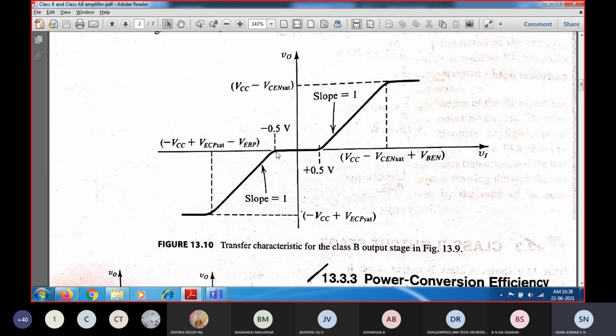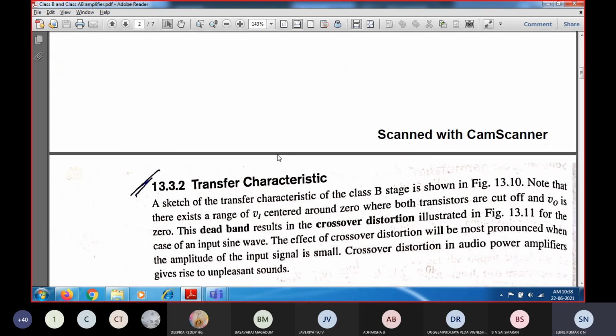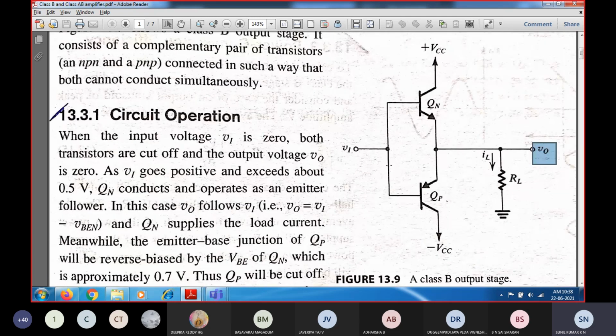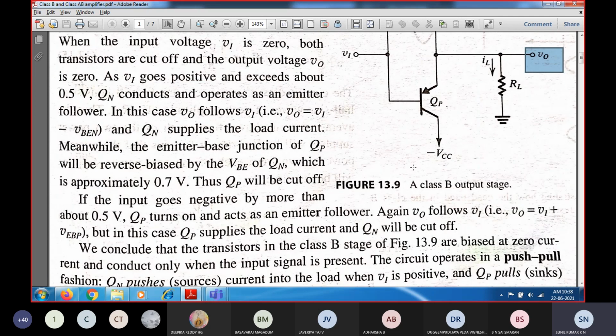During the negative half cycle, from 0 to minus 0.5 V, the output voltage will be equal to 0. Why? Because now you have to consider the QP transistor in this circuit configuration. QP is going to turn on, and QN will be in cutoff state. Because of QP, you get the output voltage.